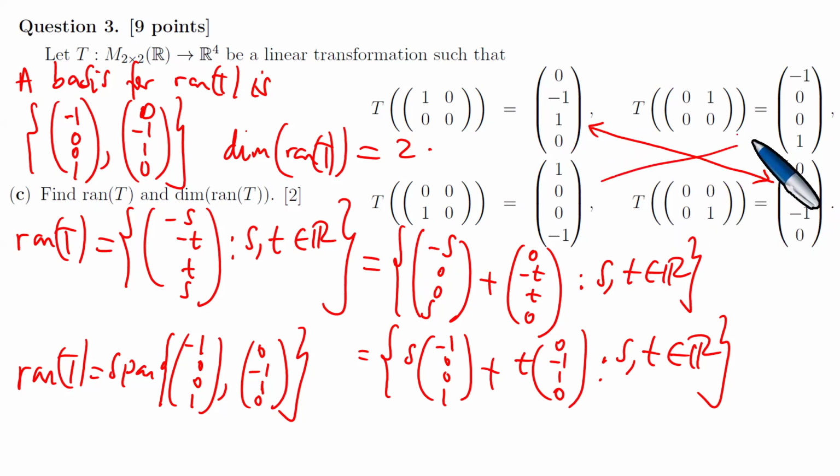You can see that these are repeat vectors, so this vector is the same as that one. Because these vectors are the same, you can just take one of them. Vectors that are multiples of each other, you take just one.